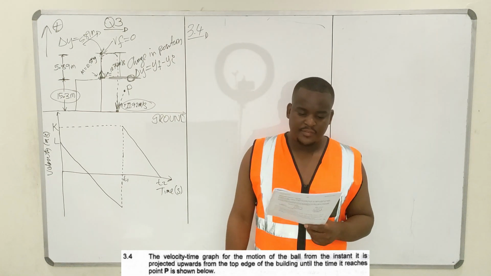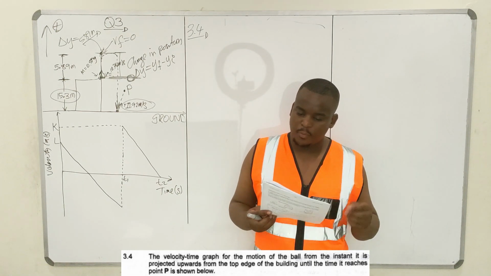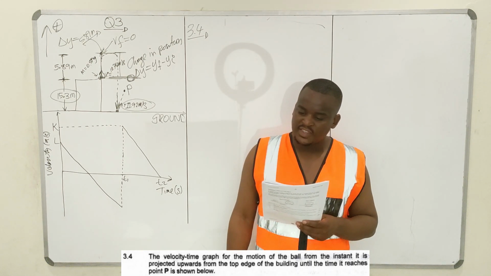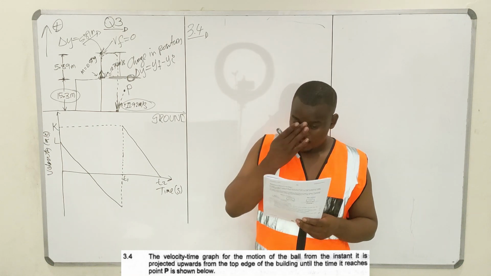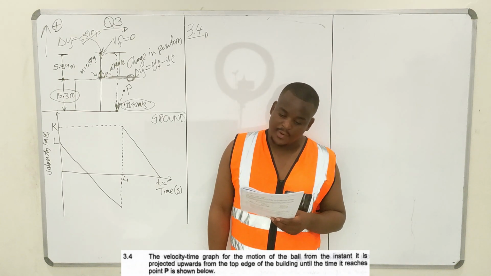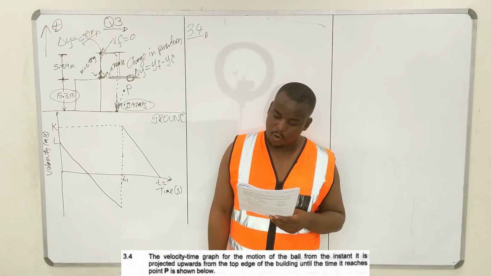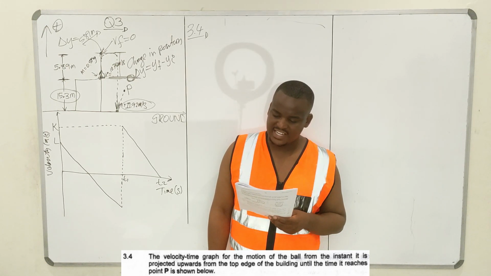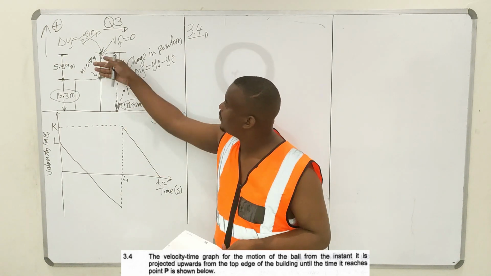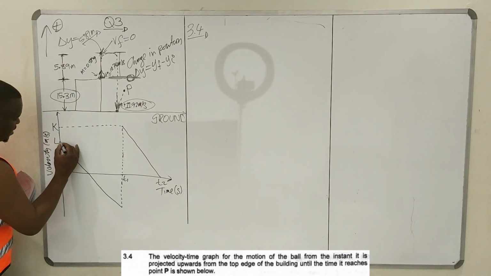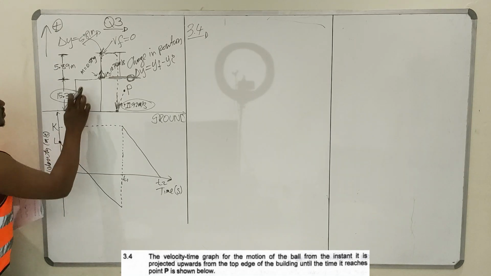They're saying the velocity time graph for the motion of the ball from the instant it was projected upwards from the top edge of the building until it reaches point P below is shown. So this is the velocity time graph of this motion here, right? You can see this is the initial velocity where the ball is projected.